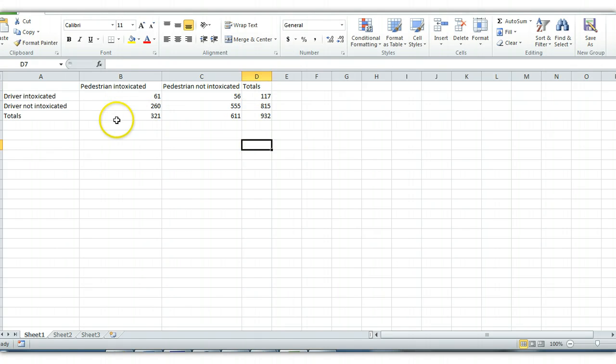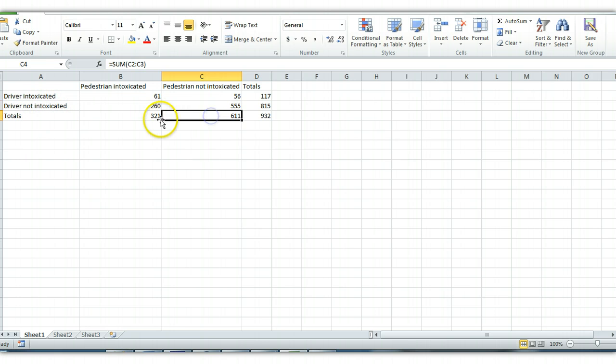What you have to understand is this 321 means there were a total of 321 pedestrians intoxicated. There were a total of 611 pedestrians that were not intoxicated that were killed in these accidents. And of these 611 not intoxicated, these 555 are the times that the driver was also not intoxicated.